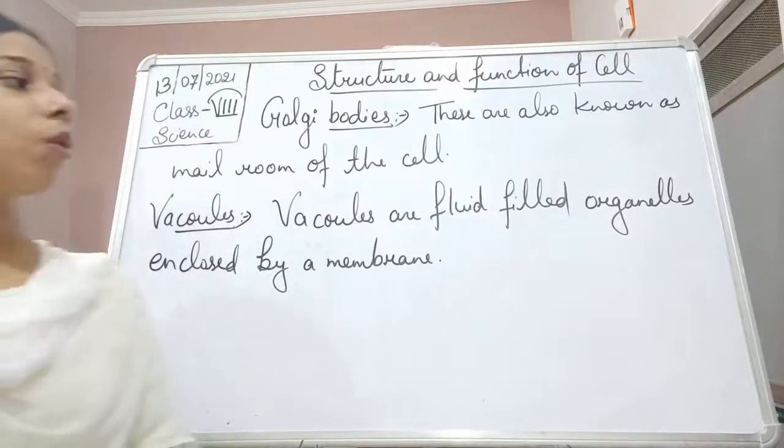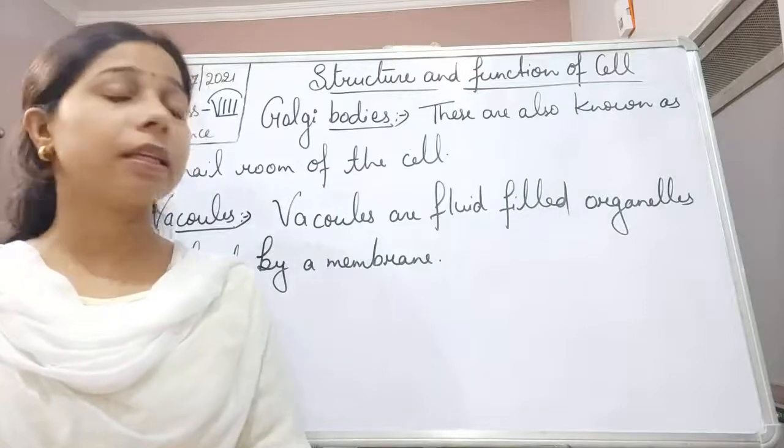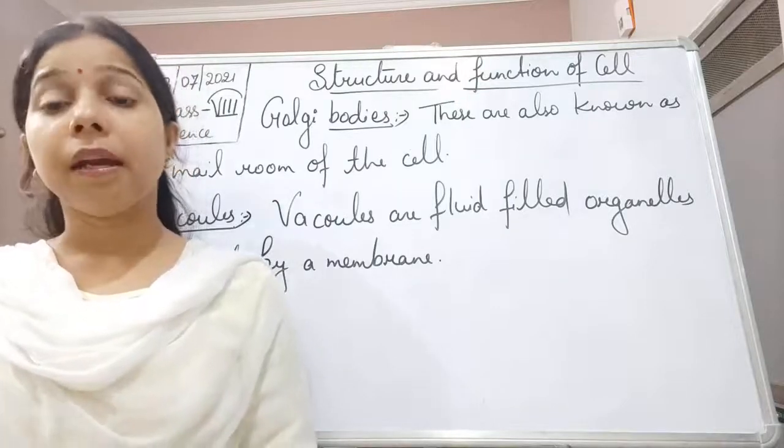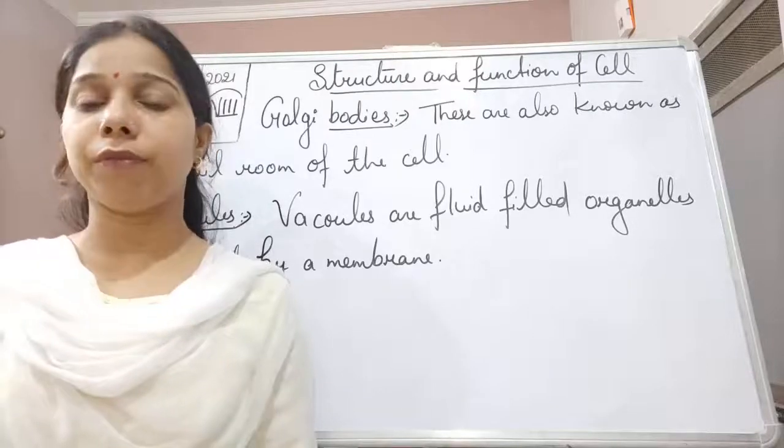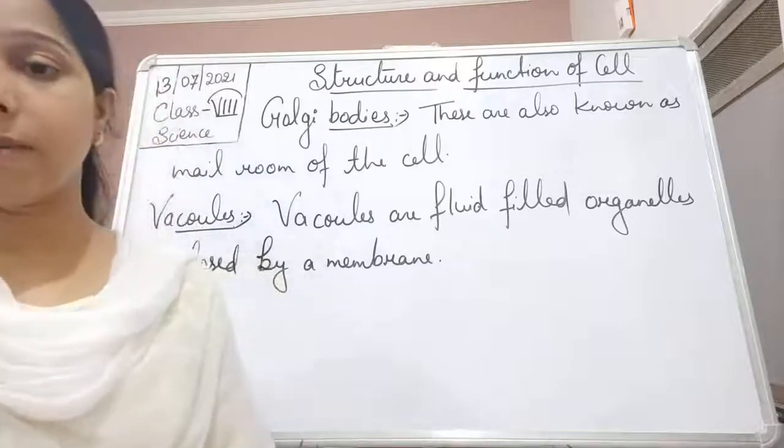Okay, what is the role of the vacuole? Basically, since it is covered by a membrane, it helps in storing substances. That substance can be food, that substance can be enzyme.